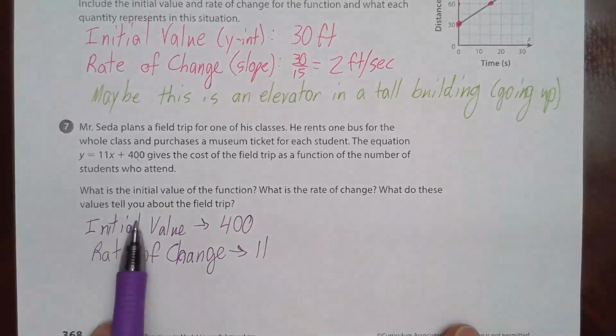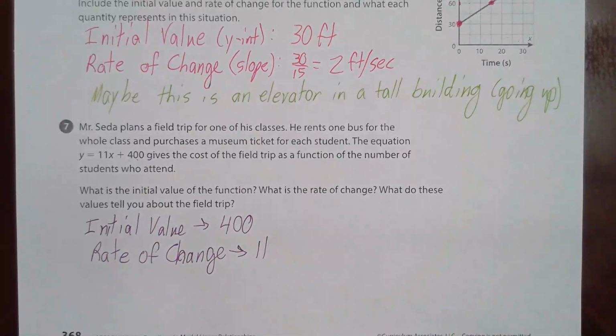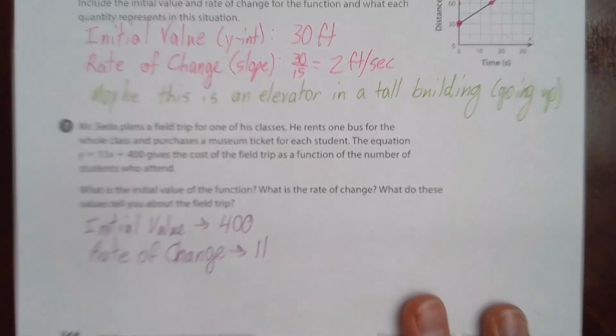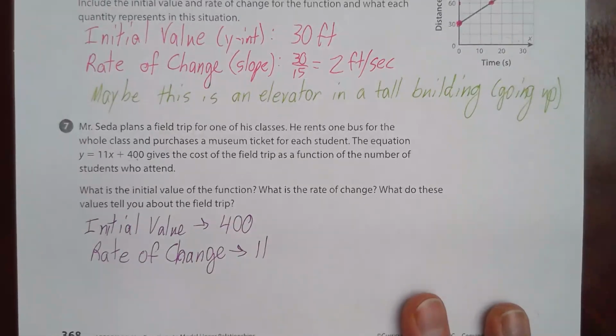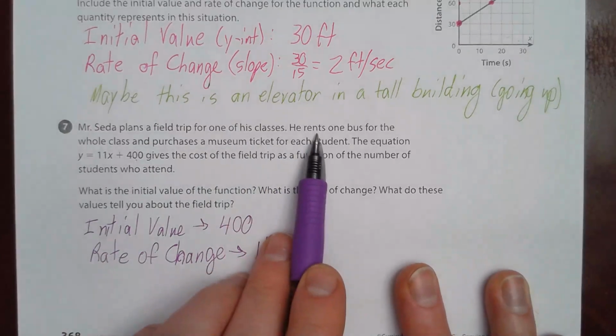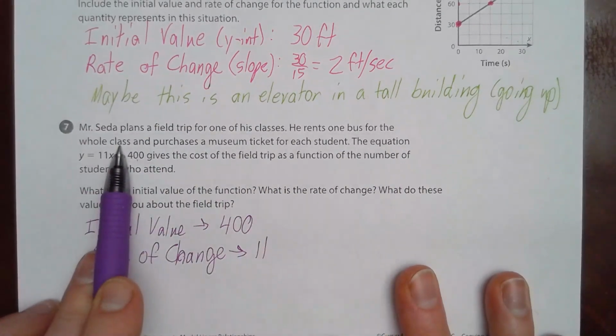What do these values tell you about the trip? That's the important thing that I want you to be able to say. Like, what happened one time? What do you have to pay right away? And what's happening over and over and over again? If I read this, he rents one bus for the whole class.